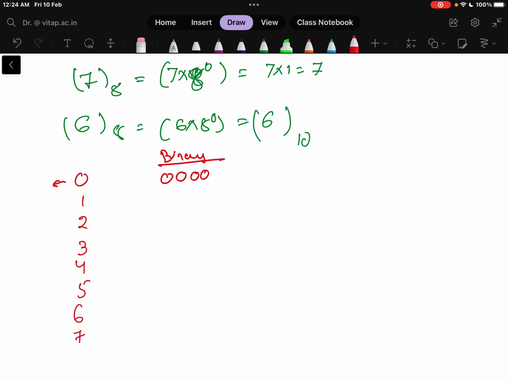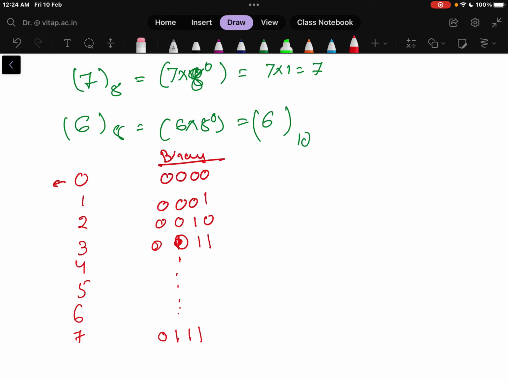Next, 1 is 0 0 1. Next is 2, so 0 1 0. Next is 3, so 0 1 1. Like this it can be written, and the last one will be 7, which is 1 1 1.